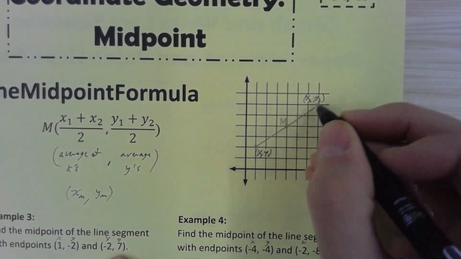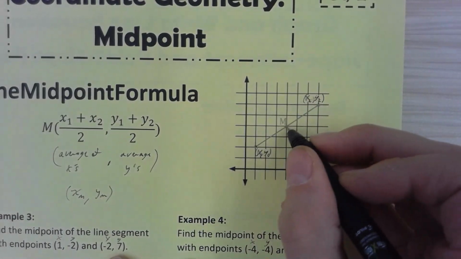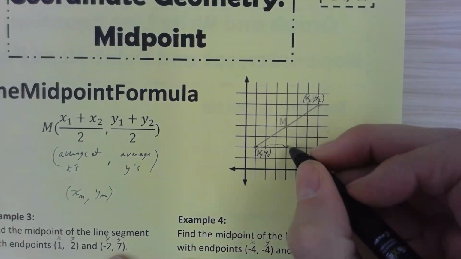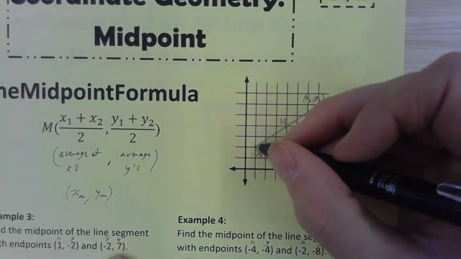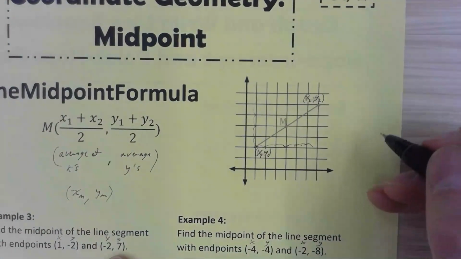To get from one endpoint to the other, from this point here, we have to go 3 units to get to our midpoint, 1, 2, 3. We have to go another 3 units to get to our other endpoint, 1, 2, 3. Same thing for the y's. I have to go up 2 to get to that midpoint. I have to go up another 2 to get to the other endpoint.